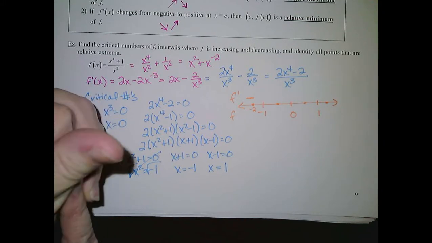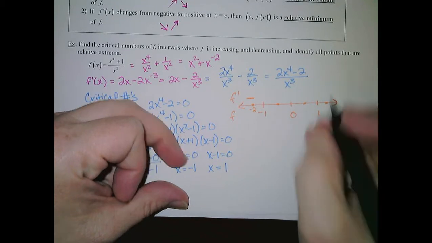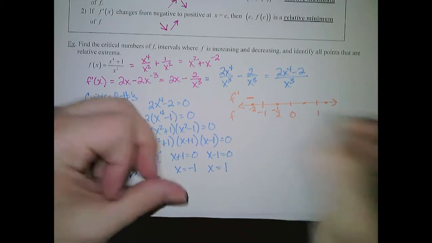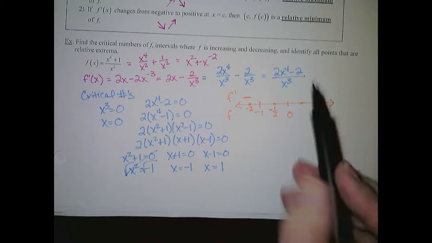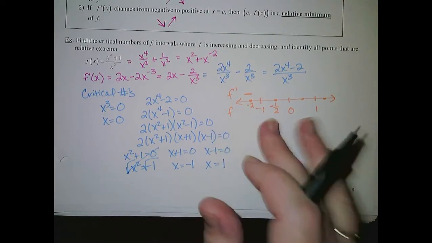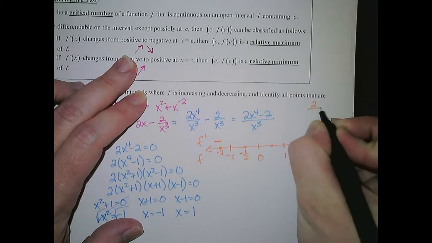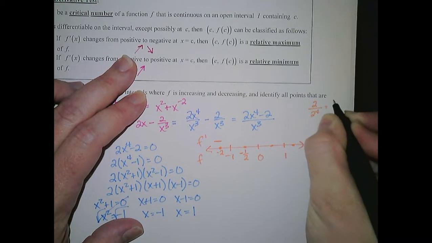And then I can continue on in that pattern. So if I plug in a value between 0 and -1, maybe something like -1/2. If I take -1/2 and raise it to the power of 4 and then multiply it by 2, I'm going to get something that's smaller than 1. If you're having a hard time imagining that, think about it like this. That would be 2 divided by 2 to the 4th, which would be 1 over 2 to the 3rd.